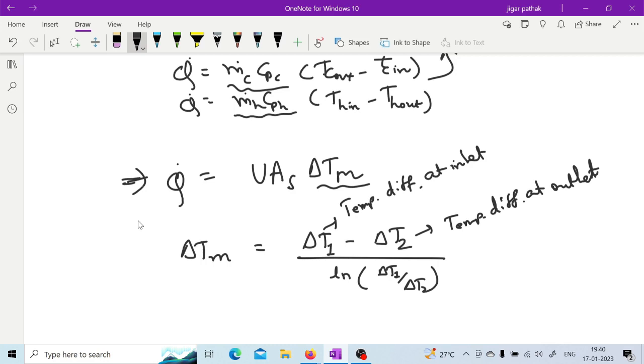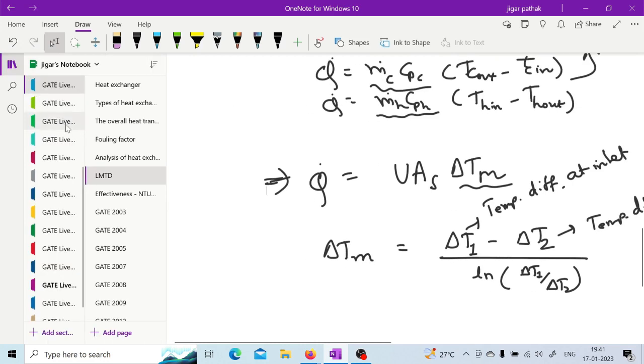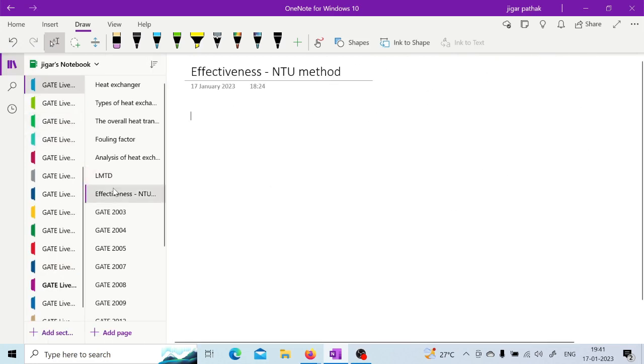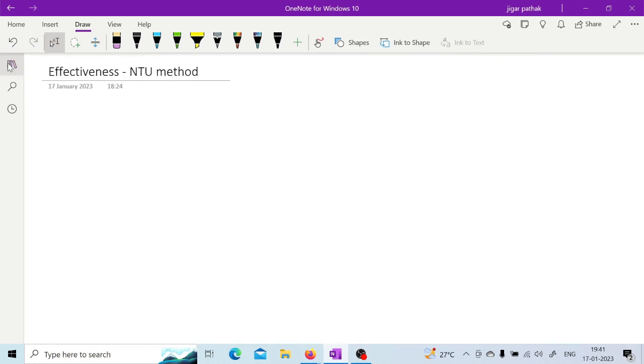Once you have an idea about the LMTD, we can go for the effectiveness-NTU method also. Let us now go for the effectiveness-NTU method. First we need to know what effectiveness is. In this case you need to predict the output temperatures, and you do not have them with you.